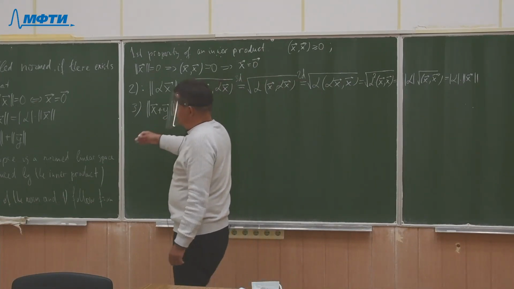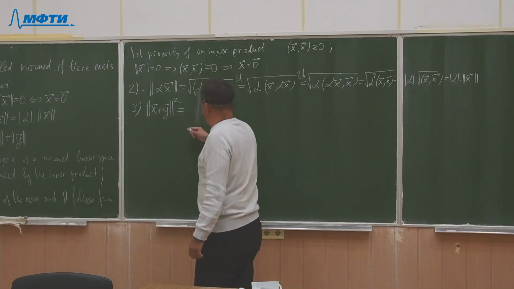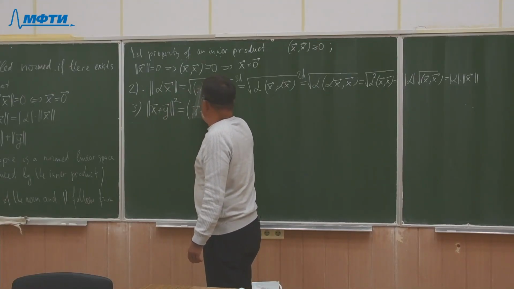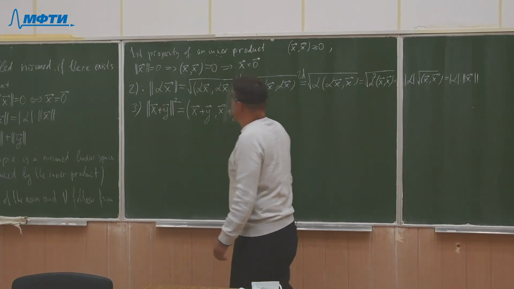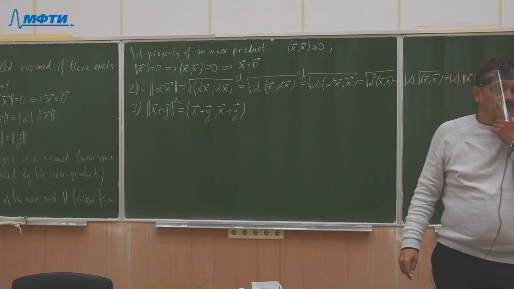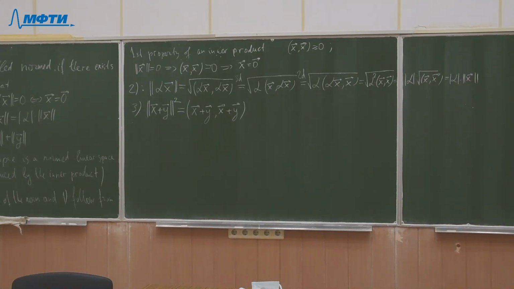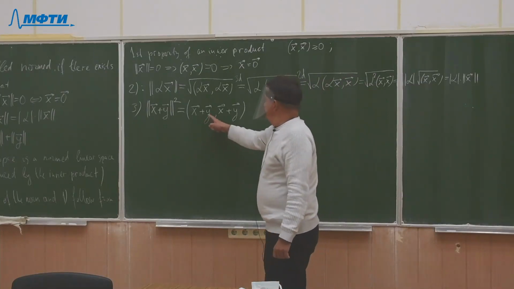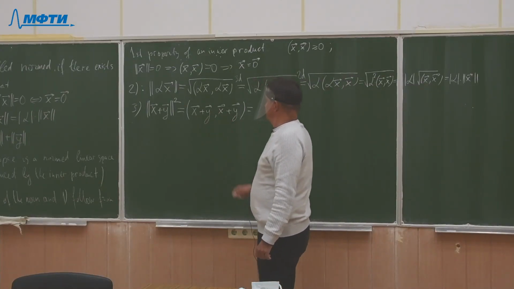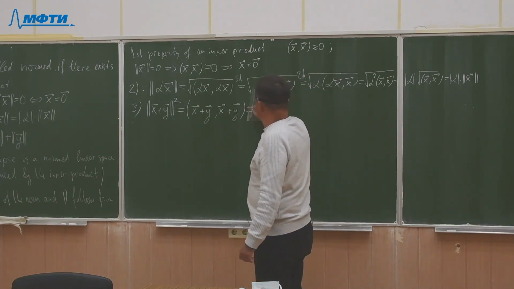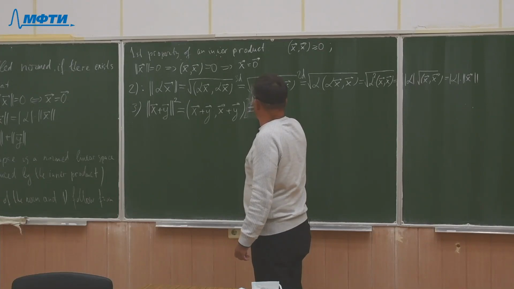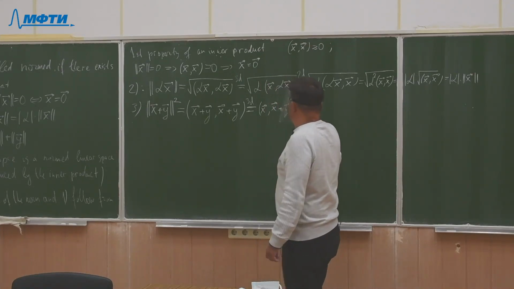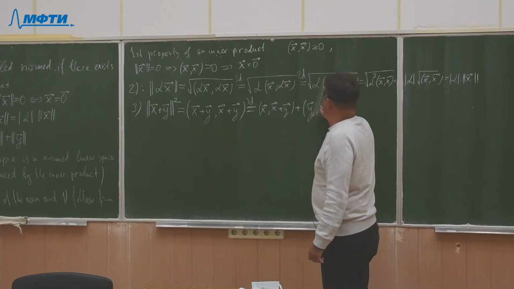By the definition, the norm is a square root, hence we have no square root, but just the product, this product, that is x plus y times x plus y itself. Now let us consider what it is by the third property of the inner product. We have a sum here, so x plus y plus y times x plus y.